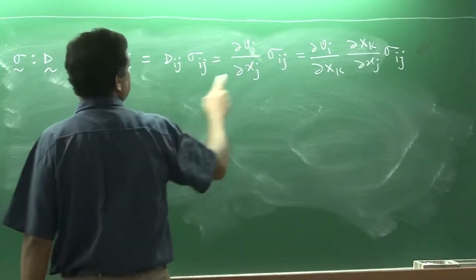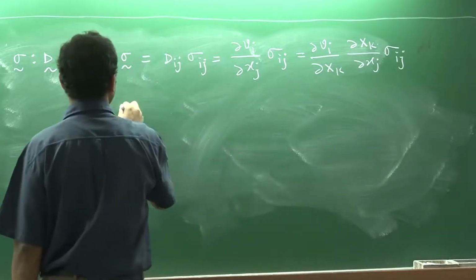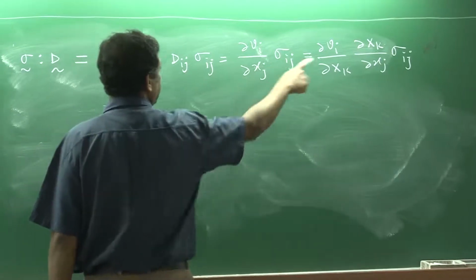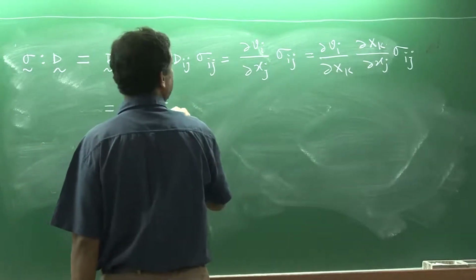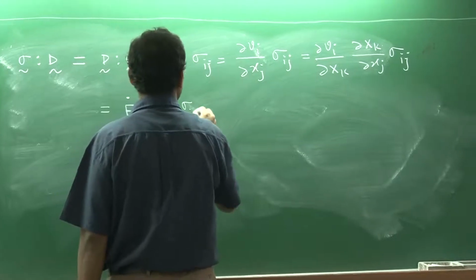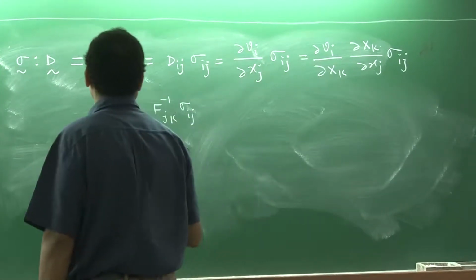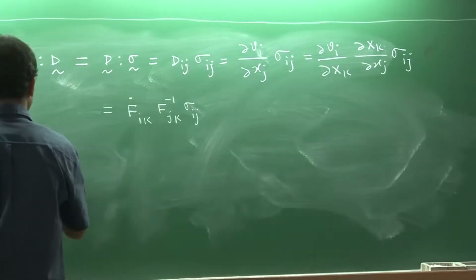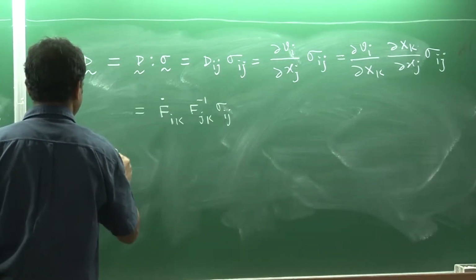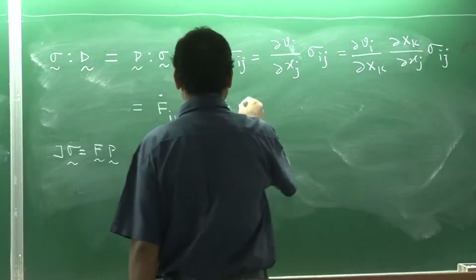So, del vi del xj is nothing but deformation F ik dot, and the second one is nothing but F jk inverse sigma ij, and if you can recall now, J into sigma is nothing but F P, isn't it. So, from here I will simplify it.